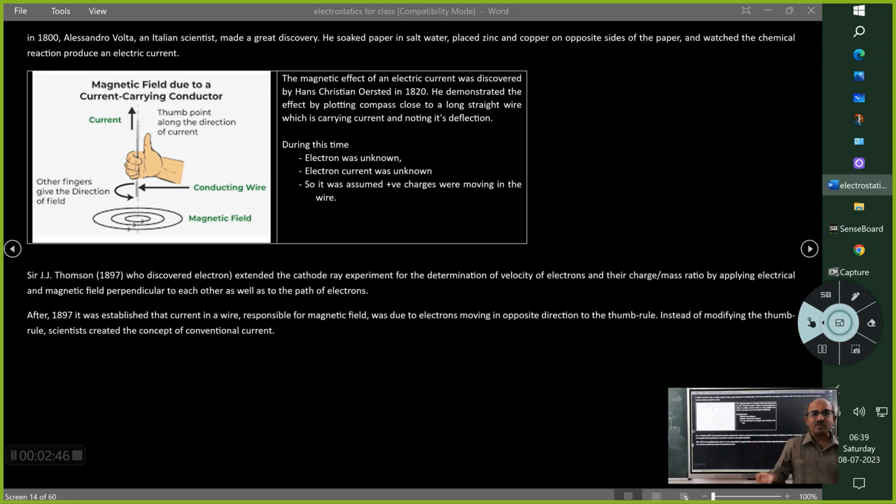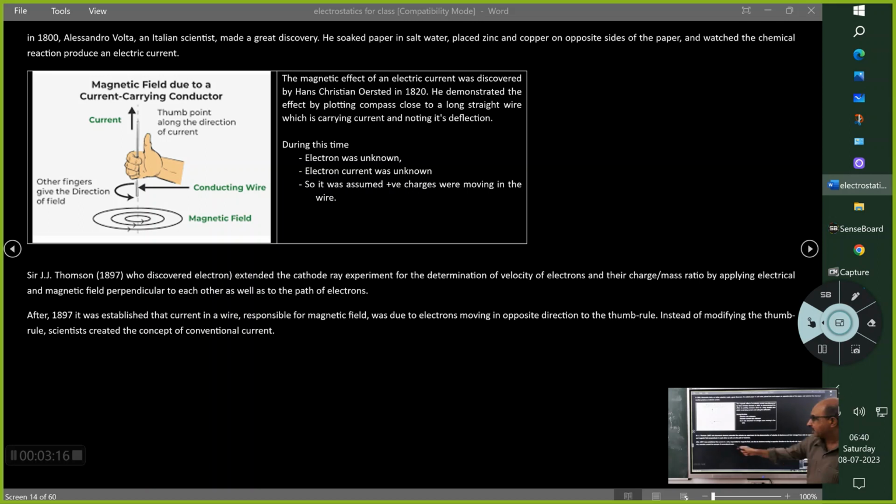But at that time, science was not developed, so they said that there is current, but they didn't know exactly what was causing it. After J.J. Thomson discovered electrons, they understood that it is because of the electrons, and that electrons were moving in the opposite direction of the assumed current.